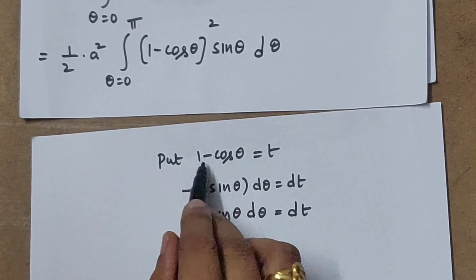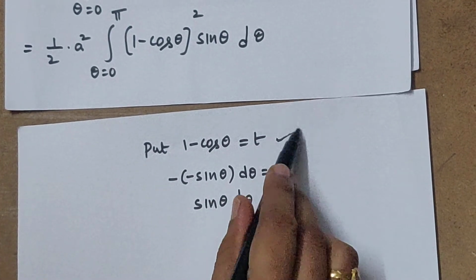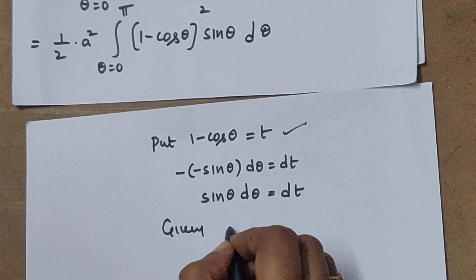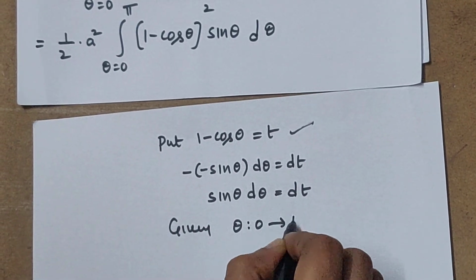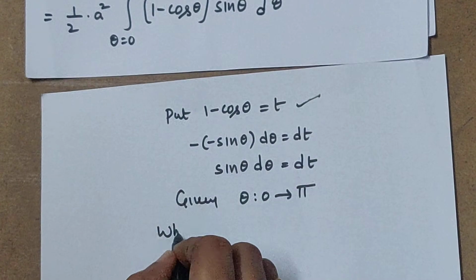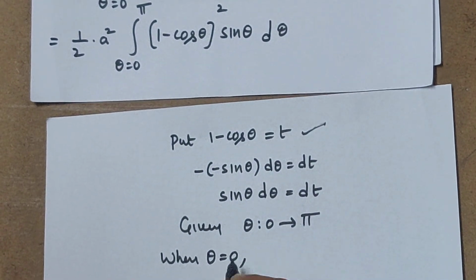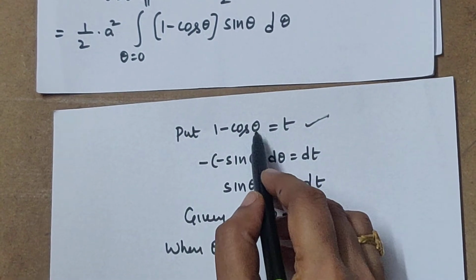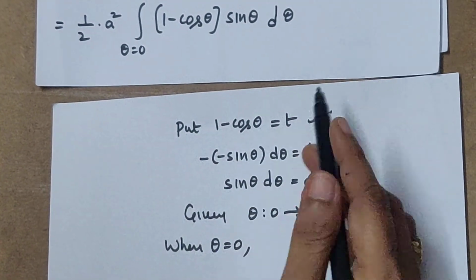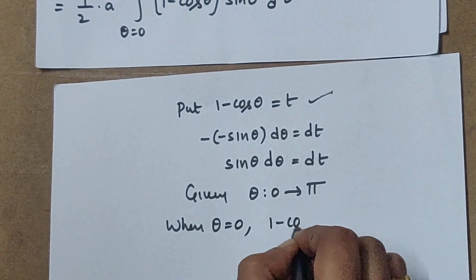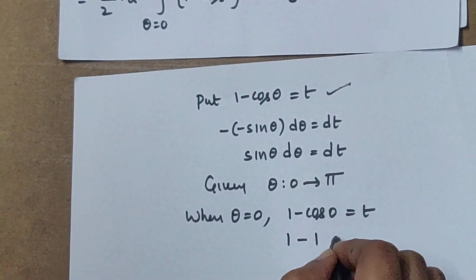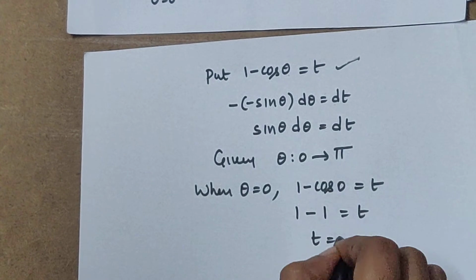According to this substitution, change the limits. The given limits are theta from 0 to pi. When theta equal to 0, substitute into our substitution: 1 minus cos 0. Cos 0 value is 1, so t becomes 0.